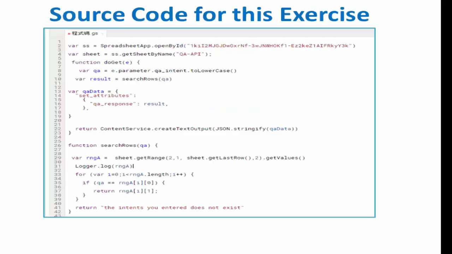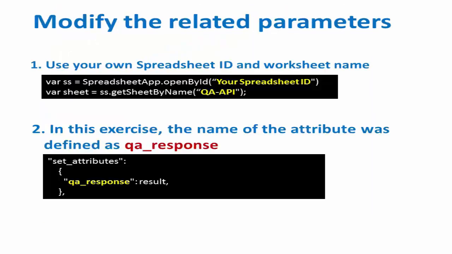Since we have discussed the code in detail in the previous chapter, here we only explain the parameters or variables related to this API, to avoid the API being unable to execute due to some negligence of small details.